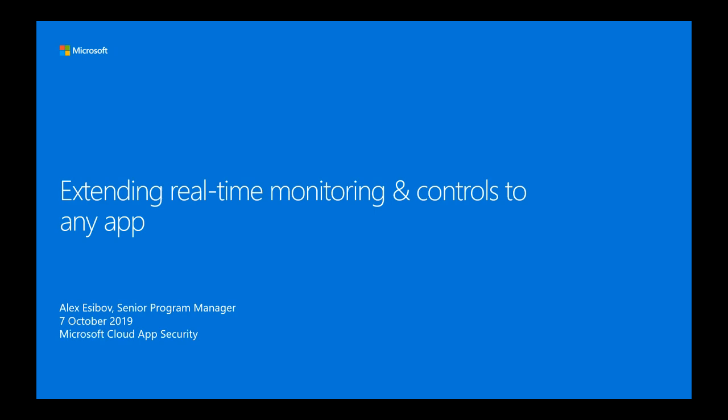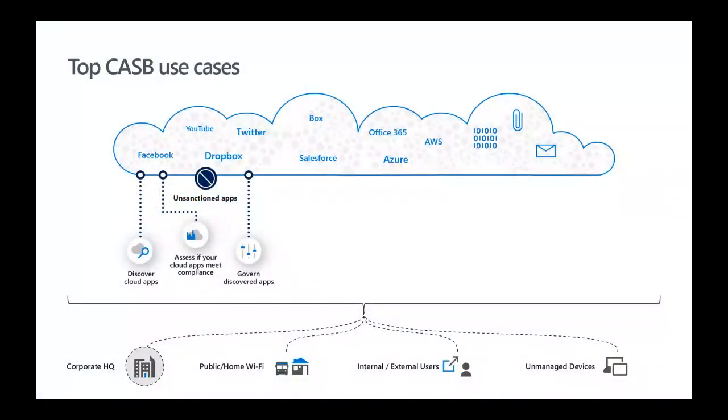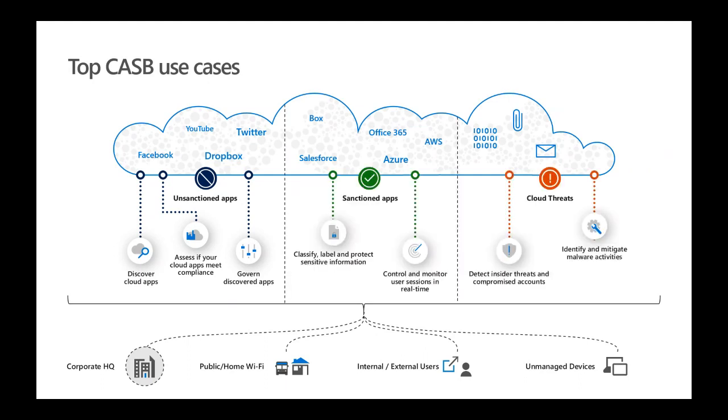So I think you all know this, but just to orient everybody to what we're talking about here today, when we talk about Cloud App Security or any CASB for that matter, there's sort of three basic types of things we're talking about CASB doing. One is how CASBs work to help you triage and block and allow various applications and specifically detect unsanctioned applications.